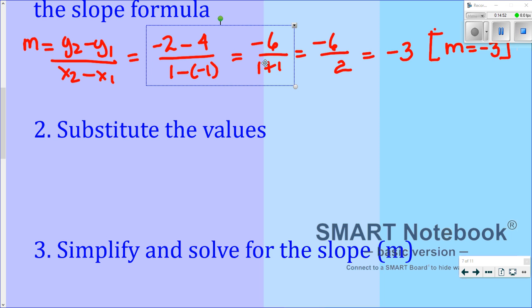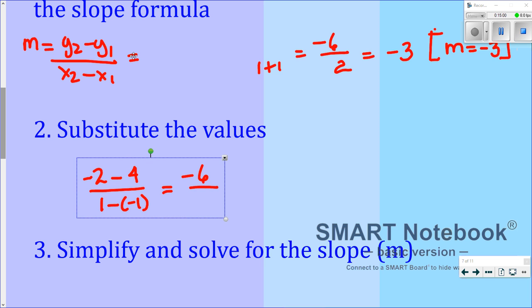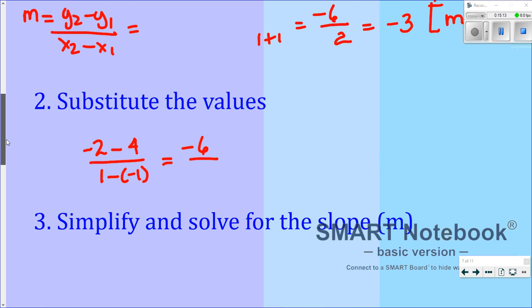Actually, I should have split it up. So what I'm going to do, let me just move stuff here. This one will stay there. And then I'm going to put that over here. Sorry about that.